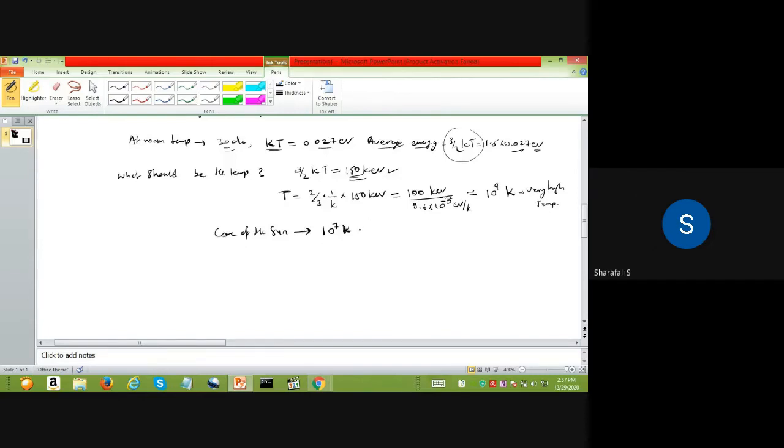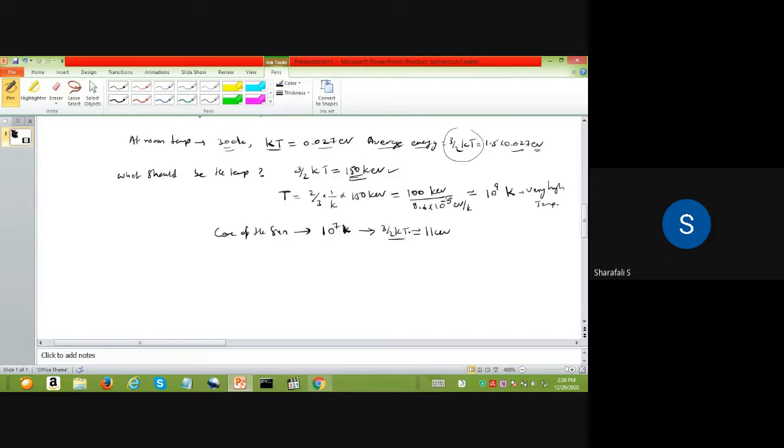If you substitute this value in 3 by 2 kT, that will give you almost 1 kilo electron volt. It is still low. Even for the core of the sun at 10 raised to 7 Kelvin, the average kinetic energy of those lighter nuclei is still only 1 kilo electron volt.